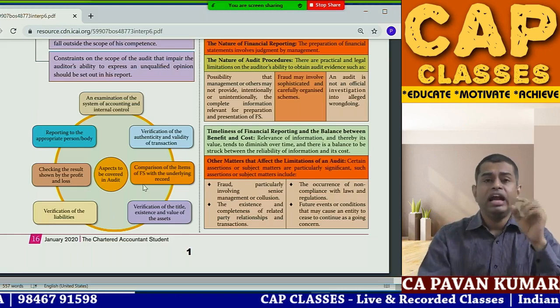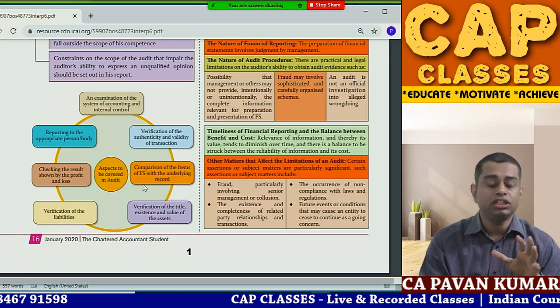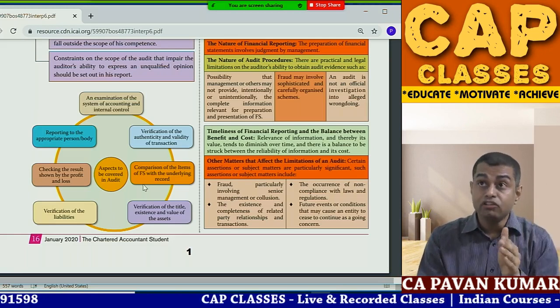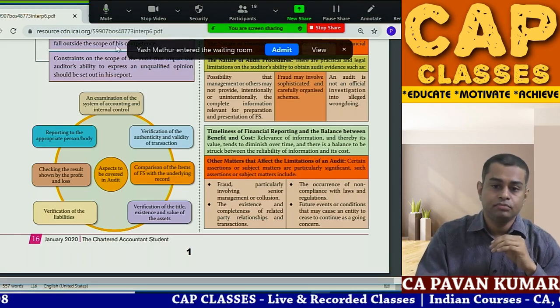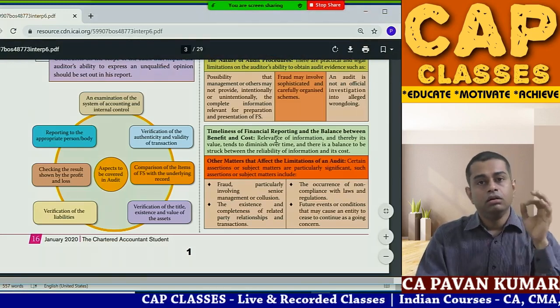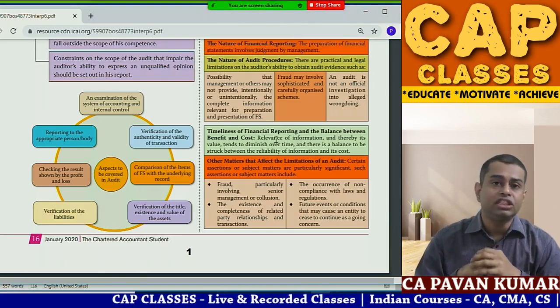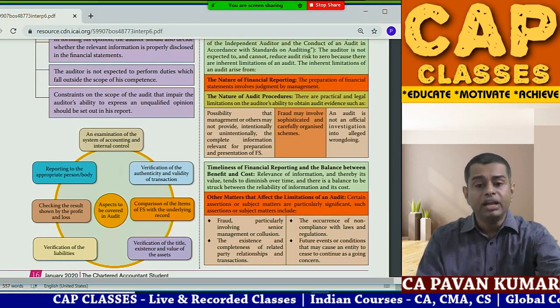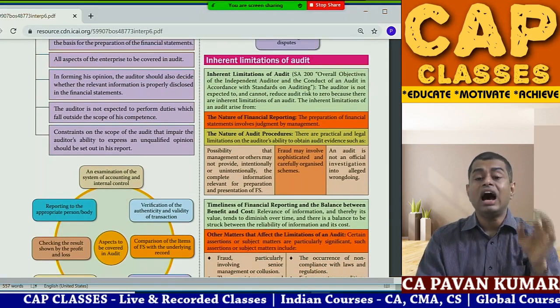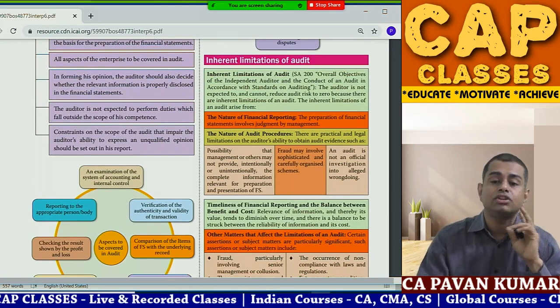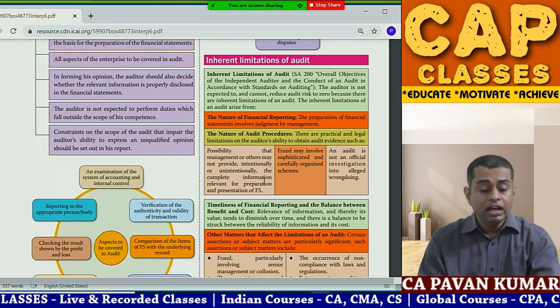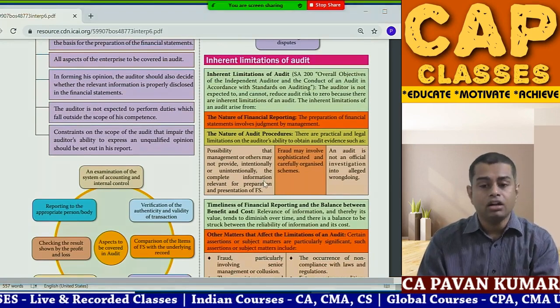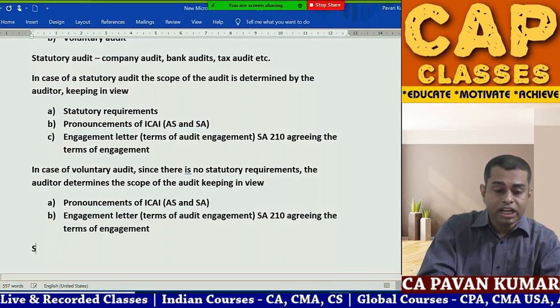Okay, now another very important question, both for descriptive questions and also for MCQs. One very important topic in audit is: what are the inherent limitations of audit?